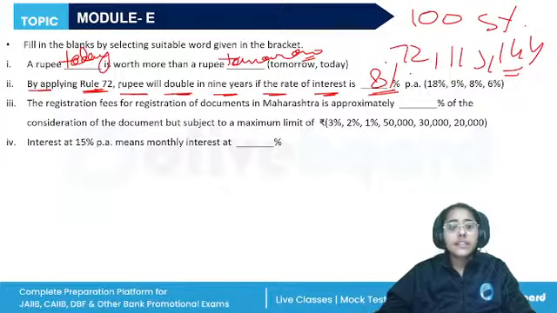Yes. Then next, the registration fees for the registration of documents in Maharashtra is approximately dash percent of the consideration of the document, but subject to a maximum of rupees.